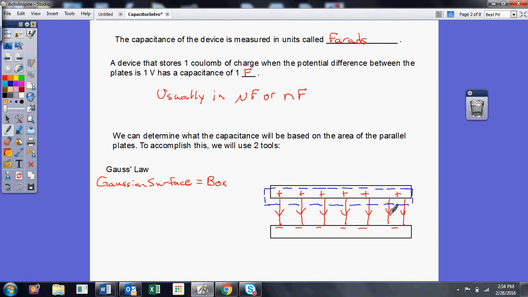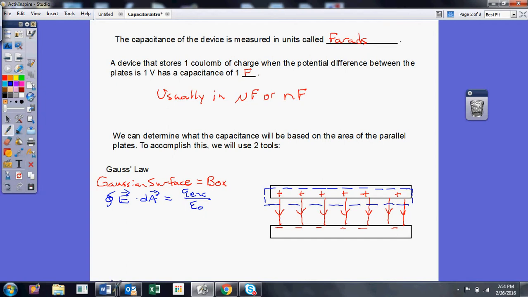So our Gaussian surface is that, and Gauss's law, of course, is that the integral of E dot dA is equal to Q enclosed over epsilon naught. Now that's in general.